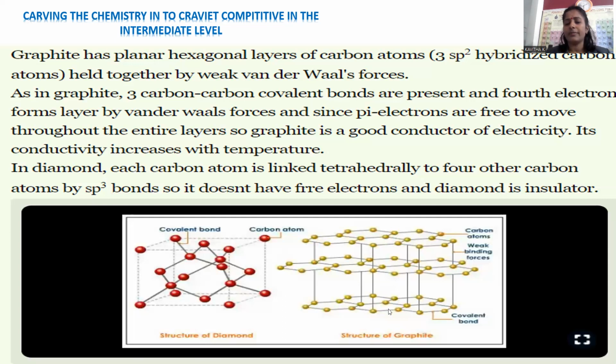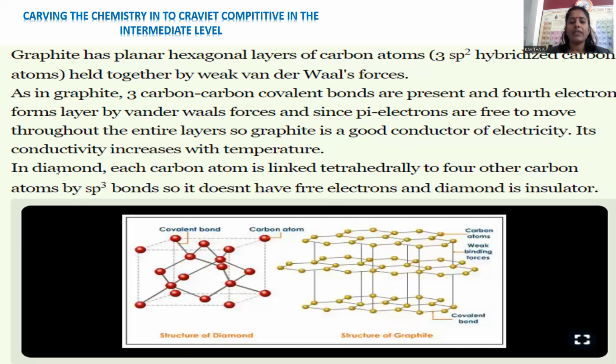Because of the layered arrangement, graphite is a kind of lubricant, a solid lubricant. One of the pi electrons located in graphite is responsible for its conduction property, right? Pi electrons are loosely bound, and graphite is a good conductor of electricity. Its conductivity increases with temperature.